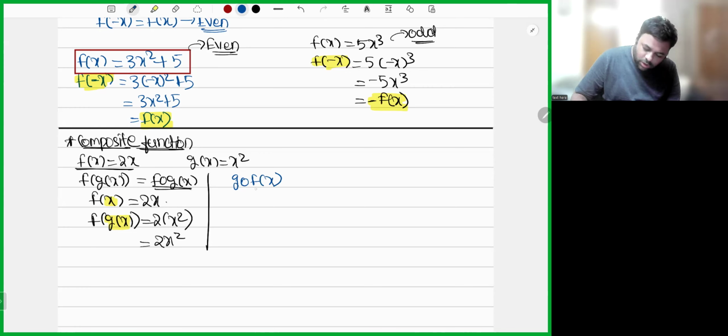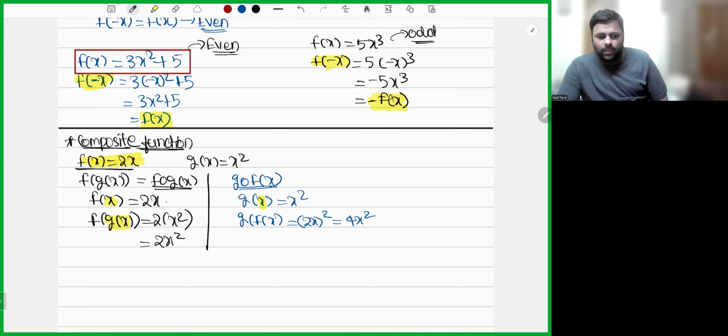How will we calculate g of f of x? g of x is x square, right, my dear friends? Now, instead of x, I'll substitute f of x. g of f of x is 2x whole square, which is equal to 4x square. Okay. So, this is supposed to be our composite functions, where we are merging two functions together: f of g of x and g of f of x.